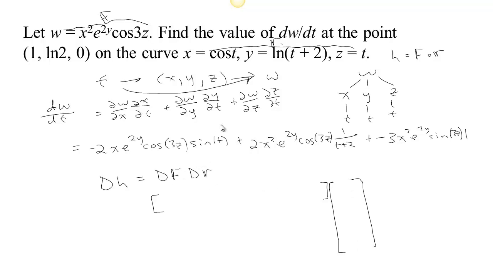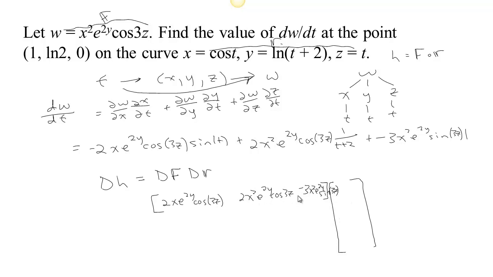And the entries here, df/dx, is 2x e^(2y) cosine 3z, and df/dy is 2x squared e^(2y) cosine 3z, and df/dz would be negative 3x squared e^(2y) times the sine of 3z.